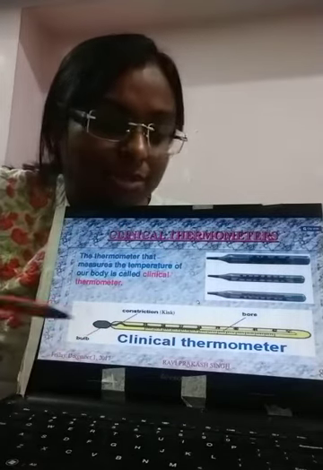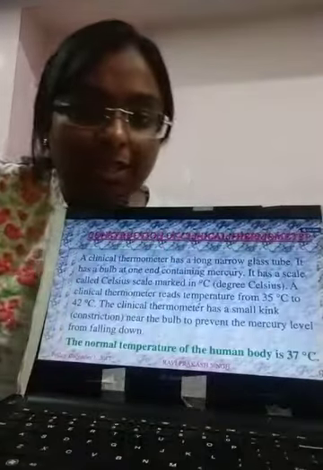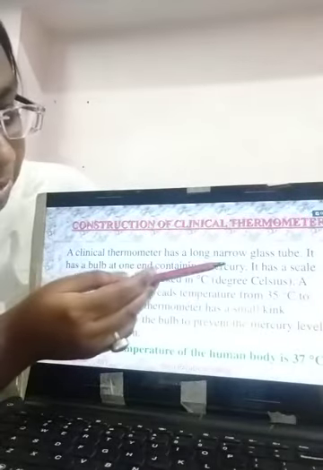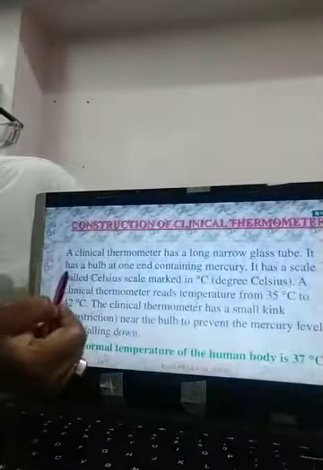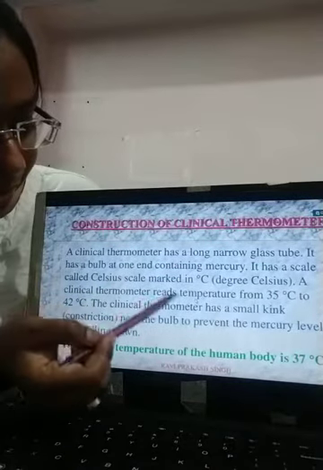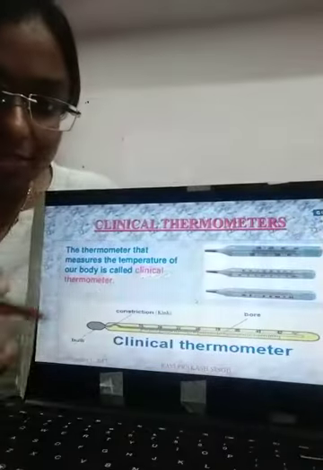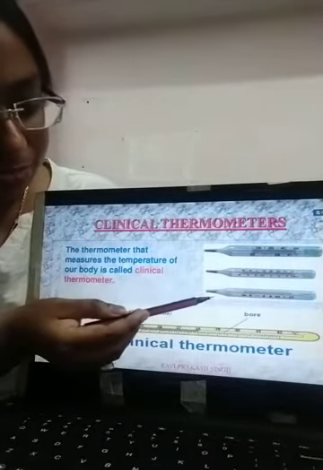Next, a clinical thermometer has a long narrow glass tube. It has a bulb at one end containing mercury. This bulb we have seen in front of the thermometer.